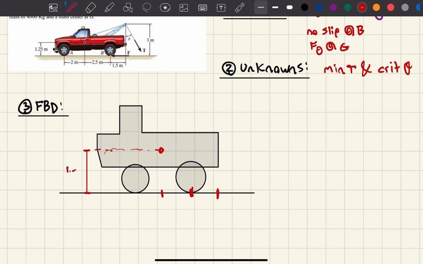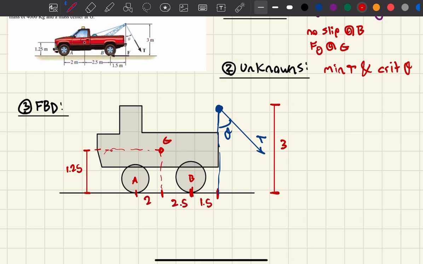That is 1.25. This is A, this is B, this is G. You have the tension force there, theta. And then lastly, this is 1.5, this is 2.5, and this is 2. Perfect. That's enough for a free body diagram.